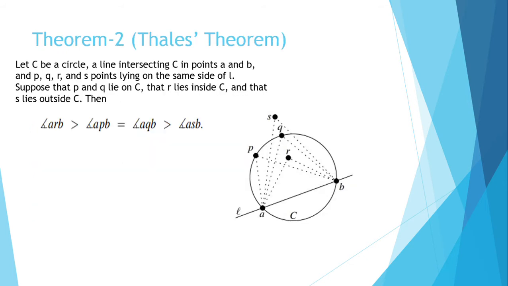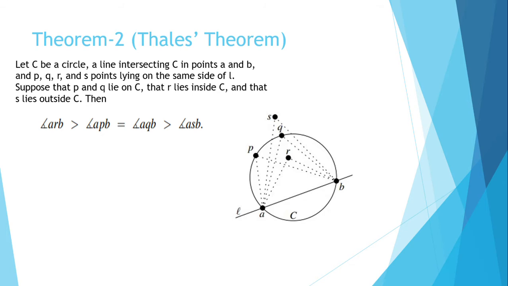Theorem 2, that is Thales theorem. Consider a line L cutting a circle at points A and B such that there are 4 points available: R, P, Q, and S. R lies inside the circle, P and Q lie on the circle, and S lies outside the circle.